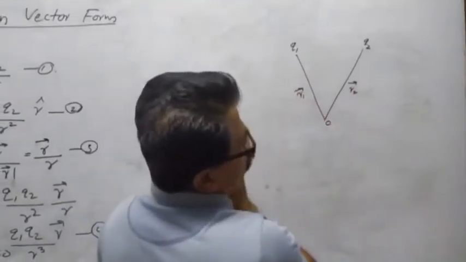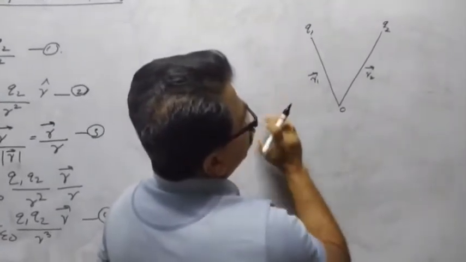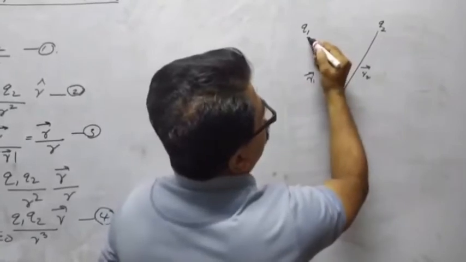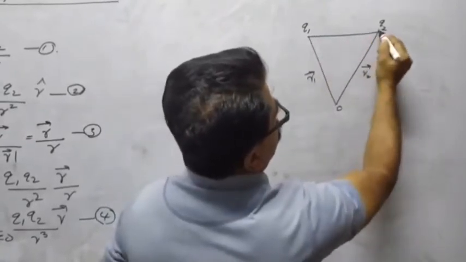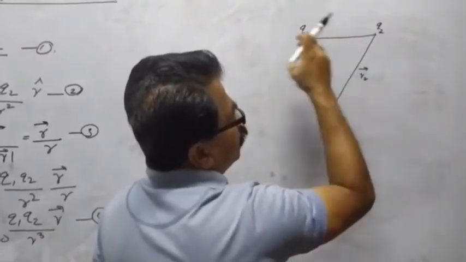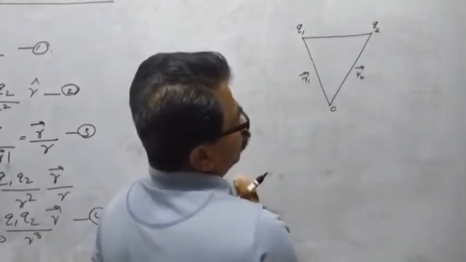And in Coulomb's law, there is a separation between the two charges. For example, Q1 and Q2 are the two charges and these are their separations, which can be represented in two ways.